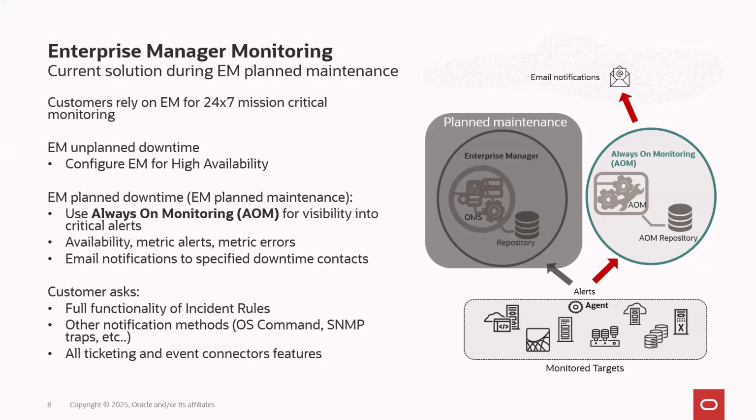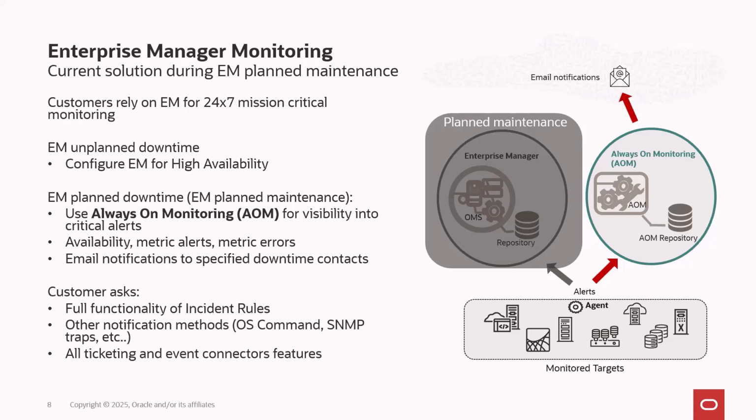To mitigate against unplanned downtime, you can configure Enterprise Manager for high availability. For example, if you set up multiple OMSs, that means in case an OMS server crashes, then you have the remaining OMS servers to be able to continue the monitoring capability offered by Enterprise Manager.